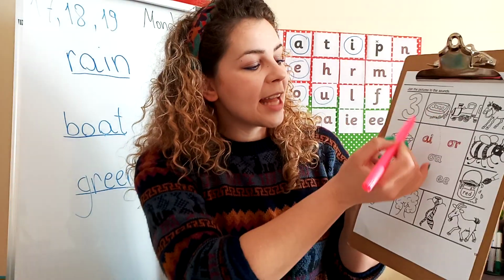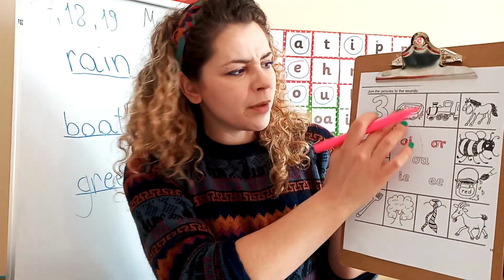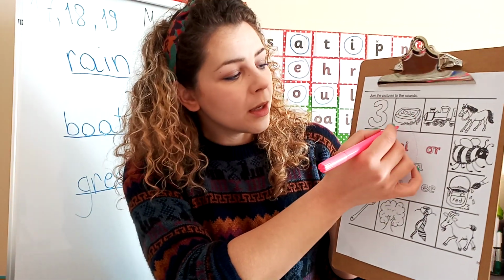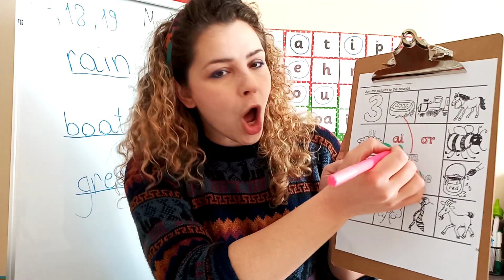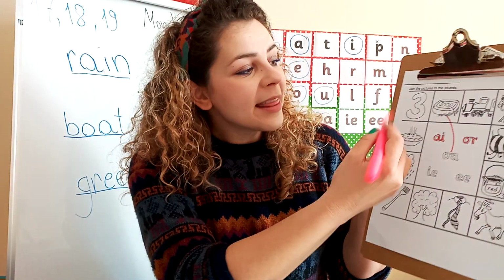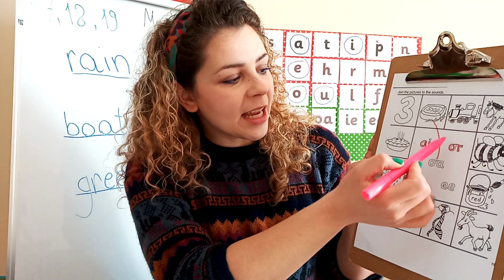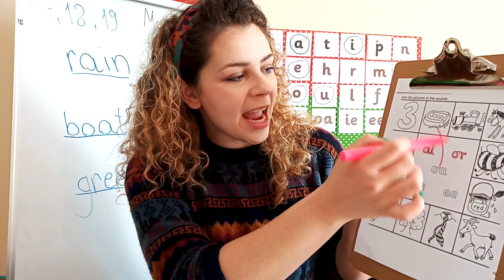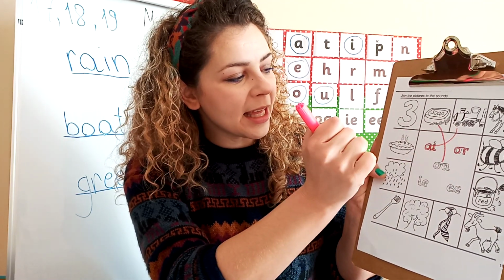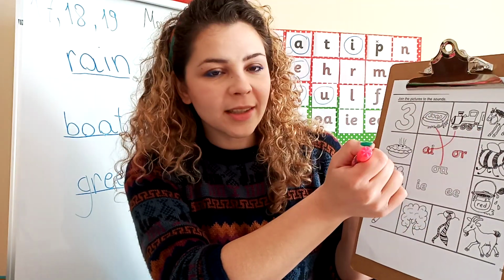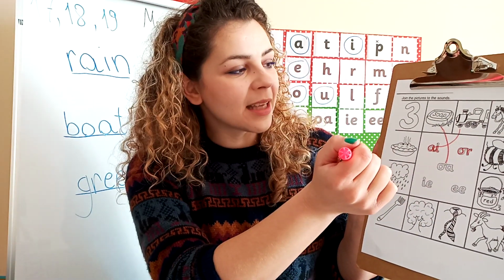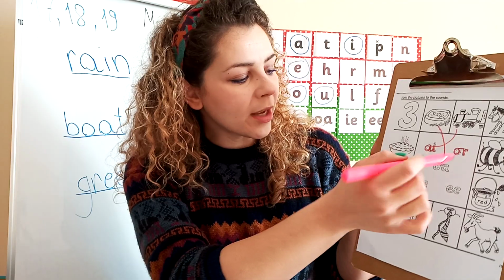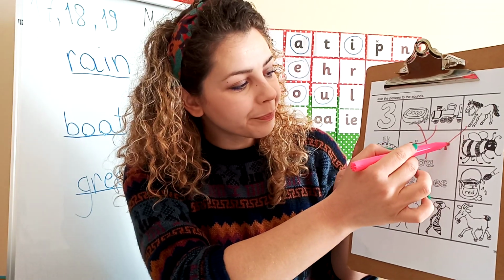So, let's go again. You have the word soap. It's even written on it, soap. Soap has the sound O in it, yeah? Then, train, a train, like this, okay? Horse, the sound is or, yeah?